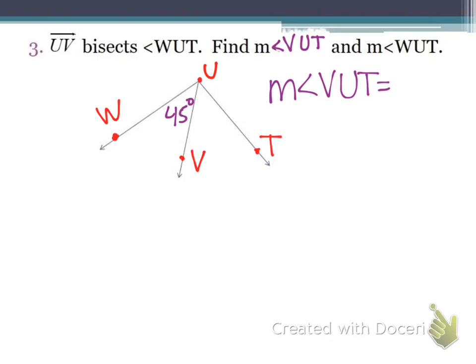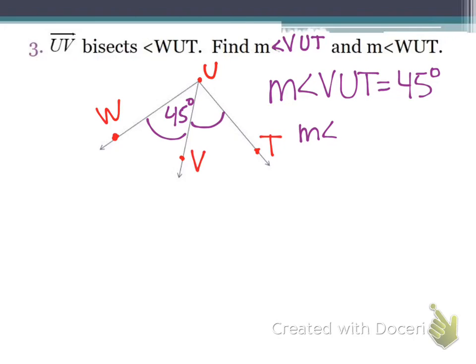We still have an angle bisector, which still means that these angles are congruent to each other. So who can tell me the measure of angle VUT? Cade? 45. It's also going to be 45 degrees. Those two angles have to be the same if they are being bisected.